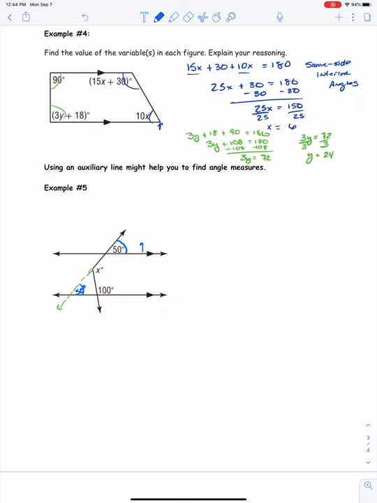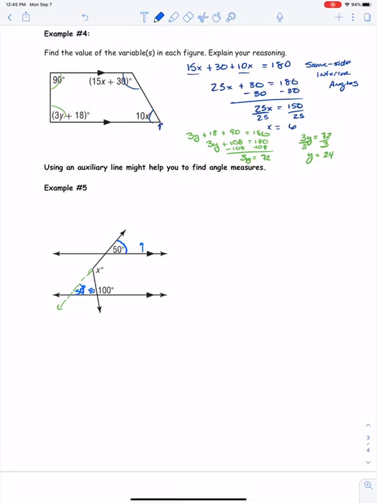Now, we have to pull on some prior knowledge. We know that these two angles here are what we call a linear pair, and linear pairs are supplementary, which also means that these two angles must be 180 degrees. So if they're going to be 180 degrees, this angle must be 80 degrees.